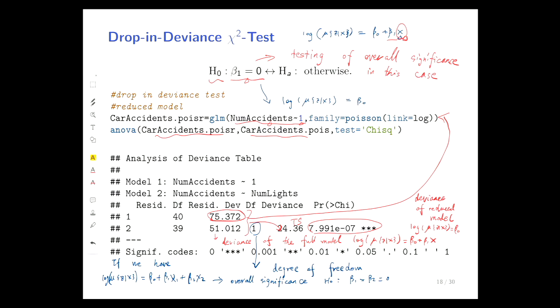So in this case, we are going to have two coefficients instead of only one coefficient as in this very special case. So the z-test, the chi-square test for overall significance, and the chi-square test for only one coefficient are all the same because of this very special situation.